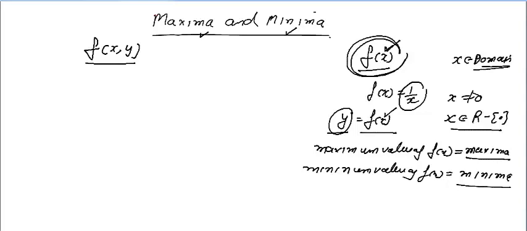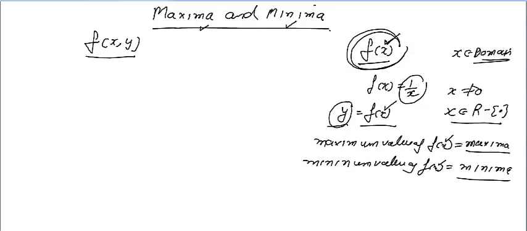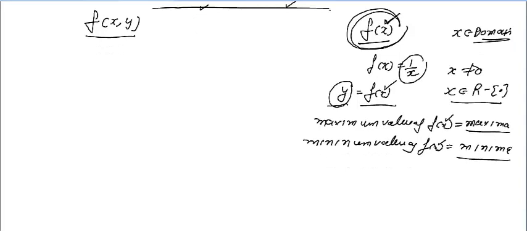Means when you substitute different values of x in f(x), you will get different values of f(x). Out of all these values, the maximum value of f(x) will be the maxima. And you know that when you have the maximum value of f(x), it will be at some value of x.